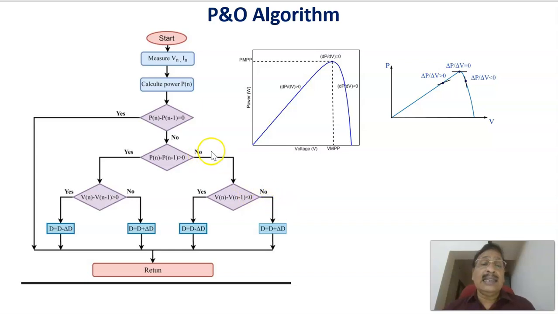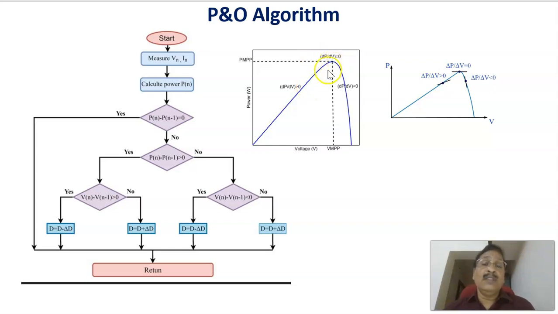Here delta P is negative, delta V is negative, so delta P by delta V is positive. In that case, you have to increase the voltage. That is done by reducing the duty ratio, D equal to D minus delta D. Then finally, that returns back to the start, and it is repeated until the operating point reaches the maximum power point.